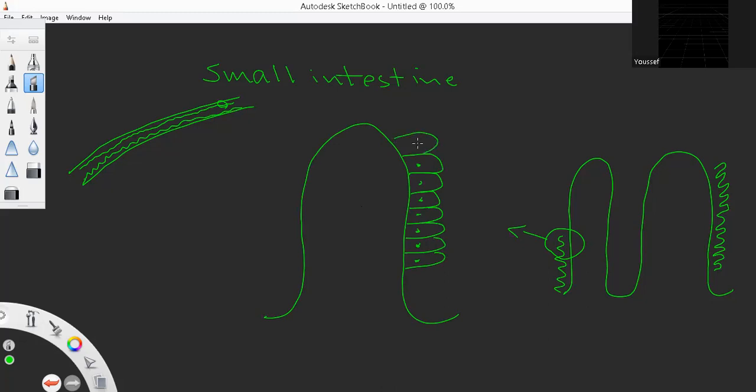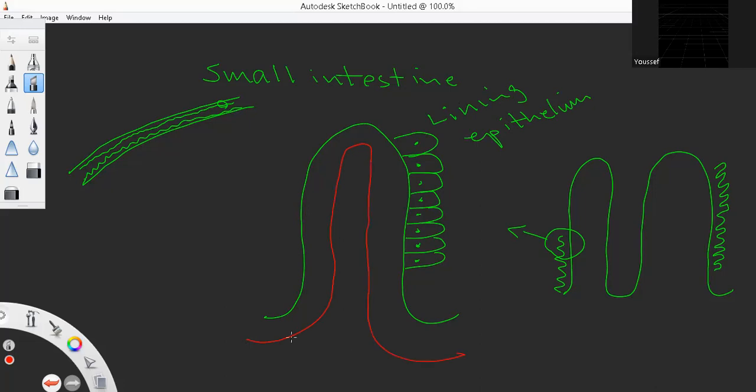It's called lining epithelium of the small intestine. And inside this villus, there is a blood supply.